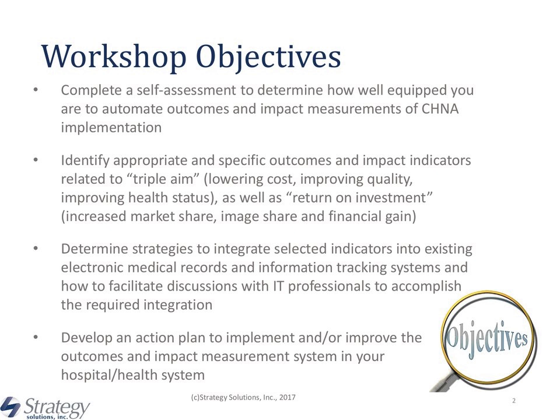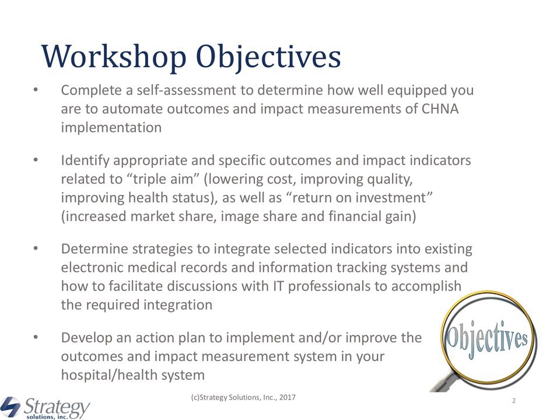In addition to conducting that self-assessment, we're also going to look at some specific outcomes and impact indicators related to what we call the triple aim. We're going to talk about strategies to integrate selected indicators into existing electronic medical records and information tracking systems, and give you some tips and tricks about how to facilitate discussions with IT professionals to help you get what you need.